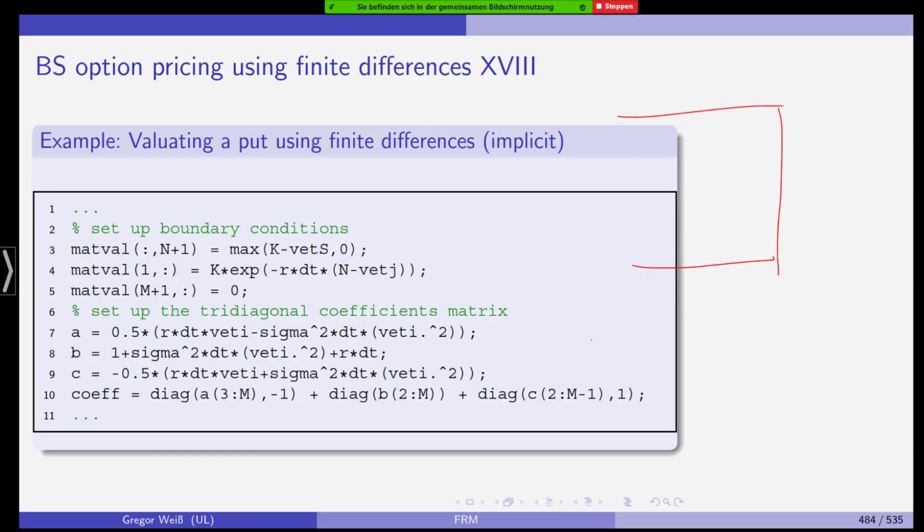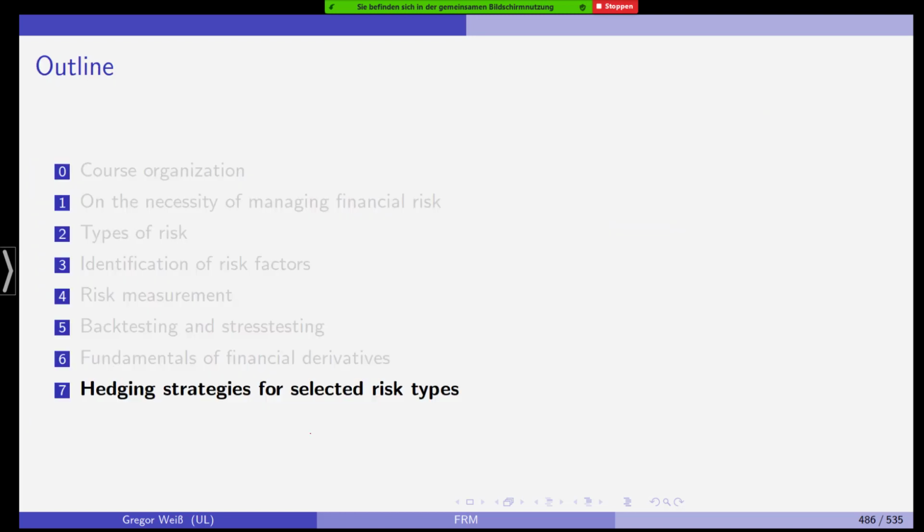Remember, this is what we are looking for. We are interested in these values because these are the values f I1, and those are all the potential option prices, and we need to see, is our stock price here or is it here? If we interpolate, and then we get our solution for the option price.